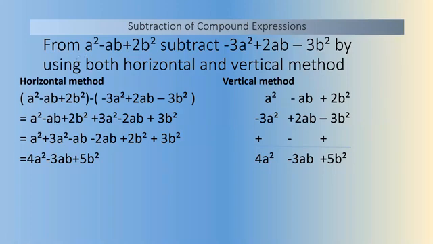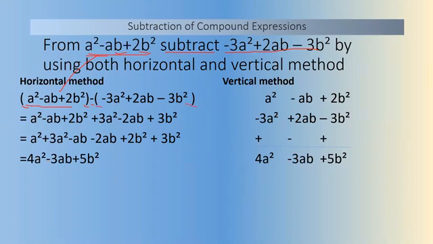Here you can see that 3 terms are there, so it's a trinomial, a compound expression. From this expression you have to subtract this expression. First copy down this expression, because it is written with the from, with a small bracket around it. Then subtract: copy down the minus sign, then the next expression with a small bracket.